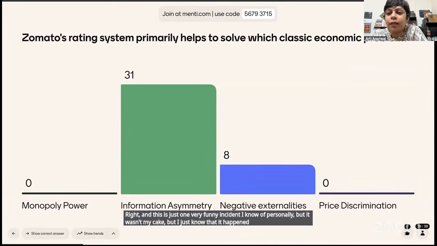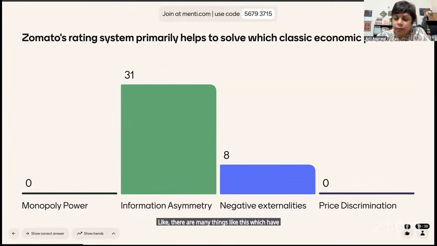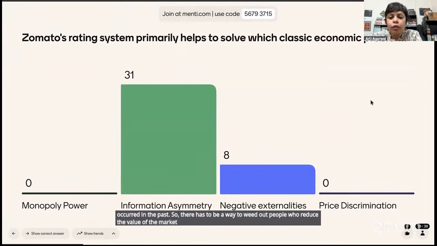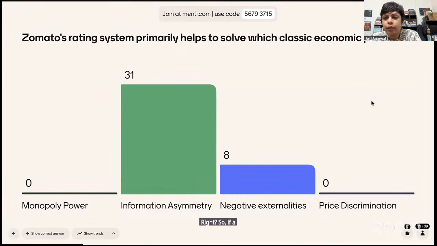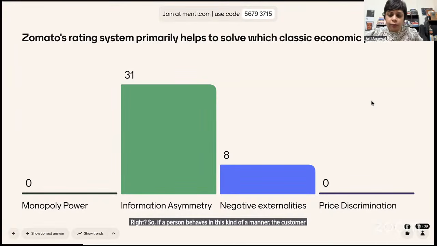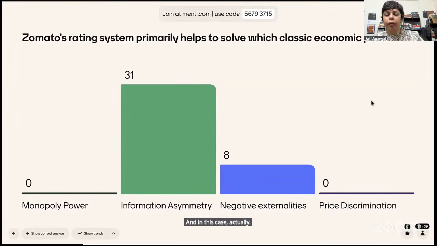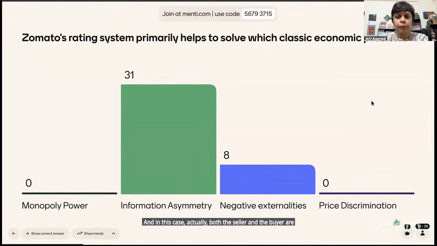But there are many things like this which have occurred in the past. So there has to be a way to weed out people who reduce the value of the market, right? Both the seller and the buyer are agents on the platform.